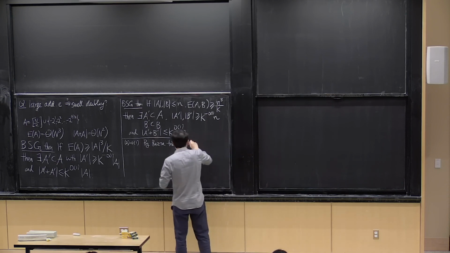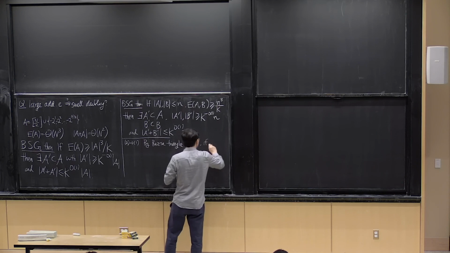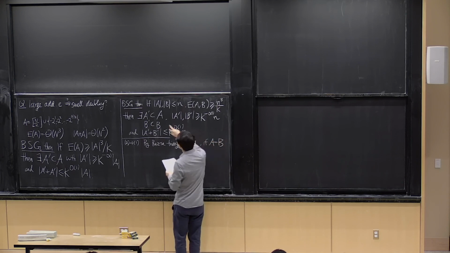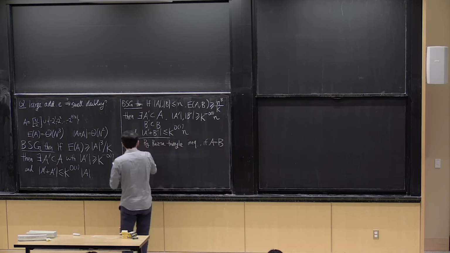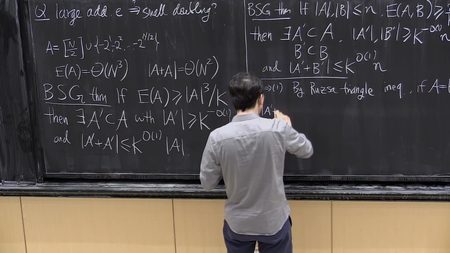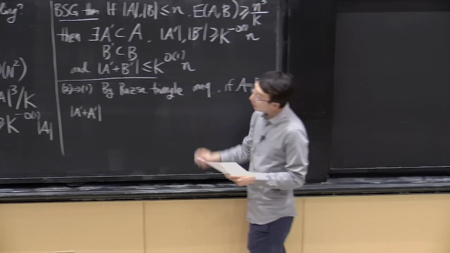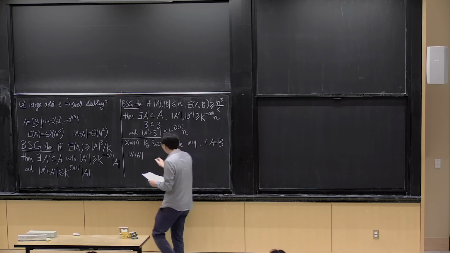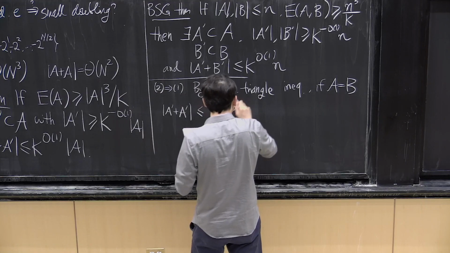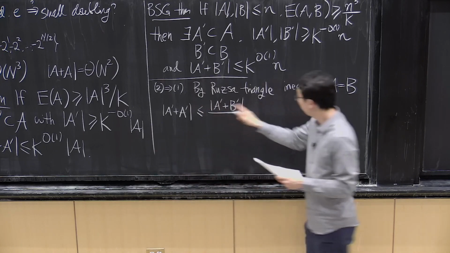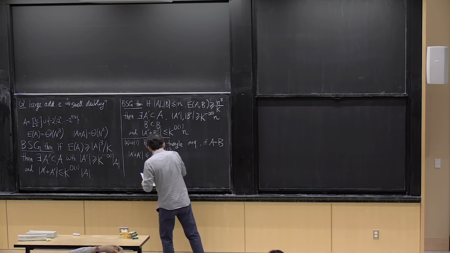So by the Ruzsa triangle inequality, if we apply the second version with A equal to B, and we pick out this A prime and B prime, then we see that A prime plus A prime is at most A prime plus B prime squared over B prime.